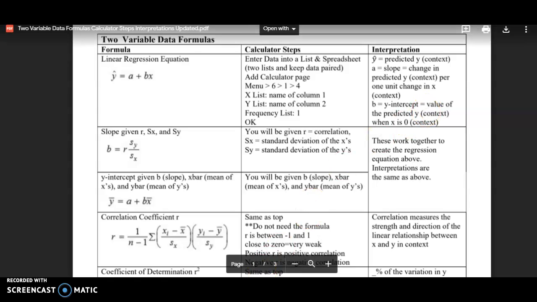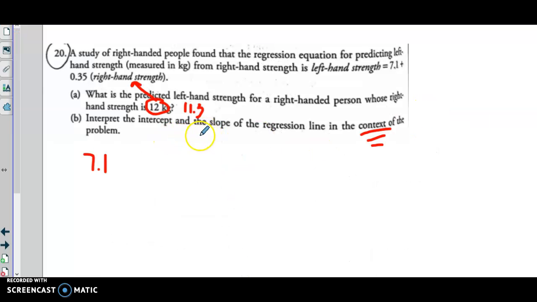What's the problem about? The next thing is to interpret the slope. So the slope here is 0.35. And remember, slope is change in Y over change in X. Let's just go ahead and put this over 1. So change in Y over change in X, or change in left-hand strength over a 1 unit change in right-hand strength. So what we would say here is, for each additional kilogram of right-hand strength, I predict the left-hand strength to increase, because this is positive, by 0.35 kilograms.